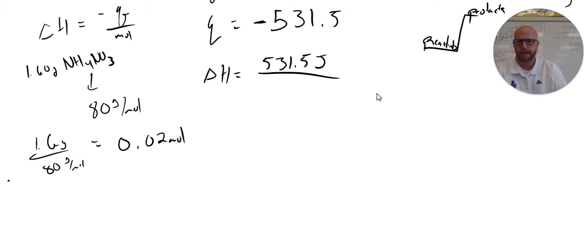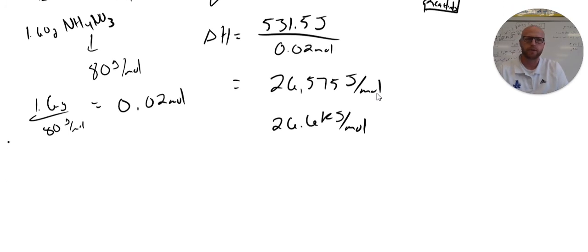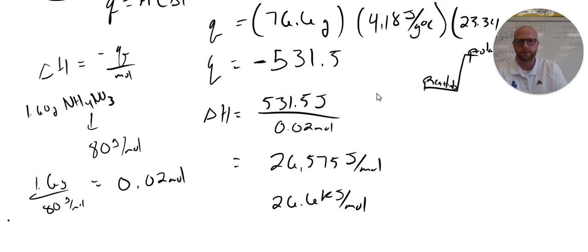I'm just going to plug that back into this equation: 531.5 divided by 0.02 moles. And I got a delta H of 26,575 joules per mole, or 26.6 kilojoules per mole.